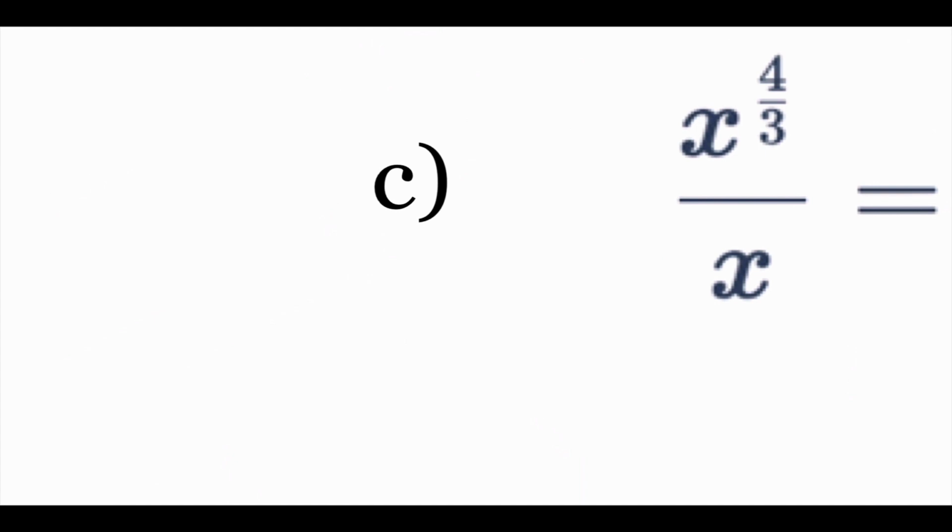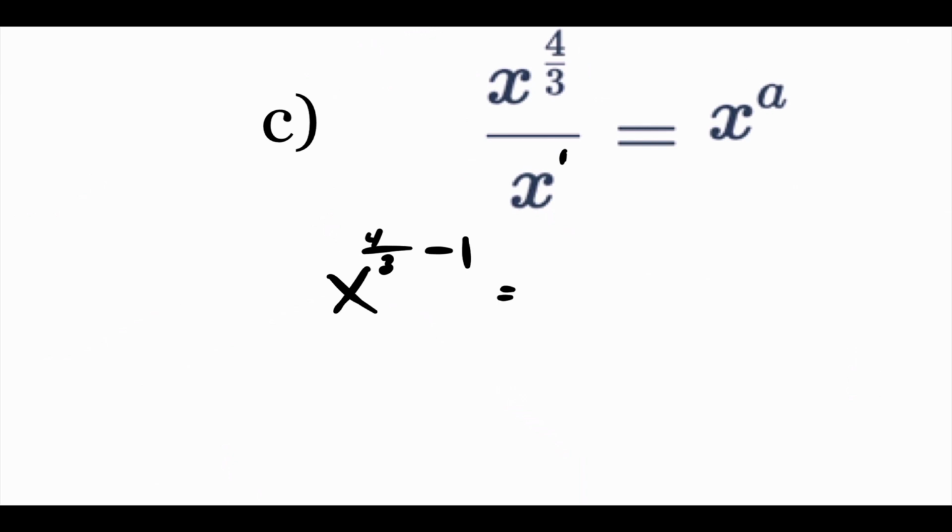Rule 5. What do we do with the powers in rule 5? Subtract. So the bottom one doesn't have a power. If it doesn't have a power, what power does it have? 1. So minus 1 whole. 4/3 minus 1 whole.